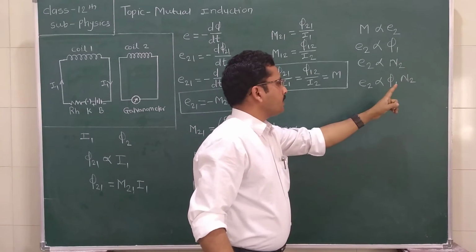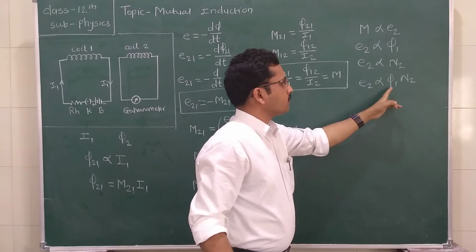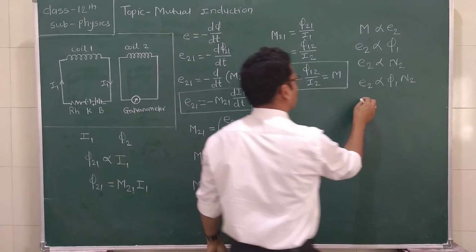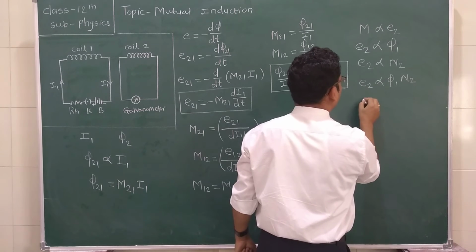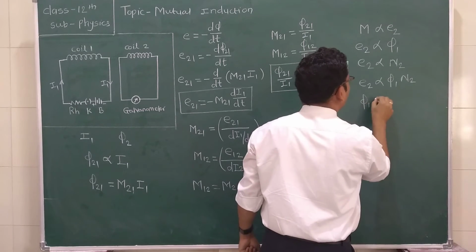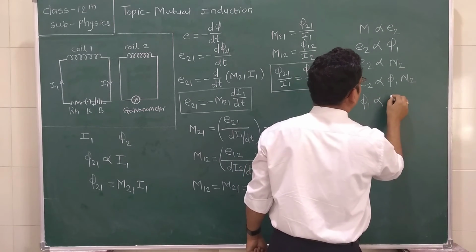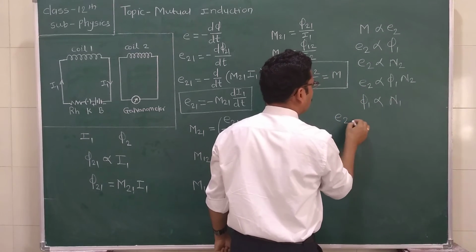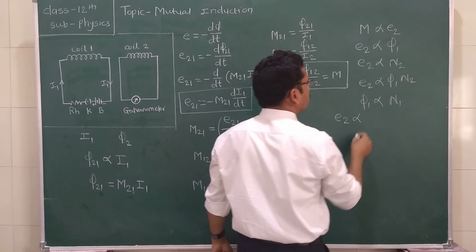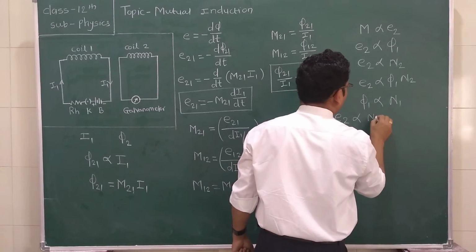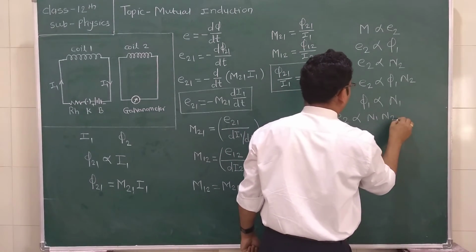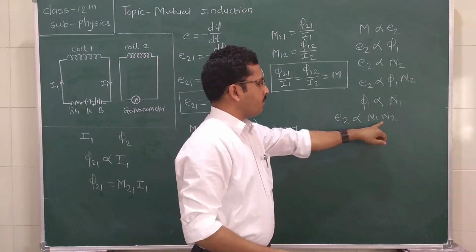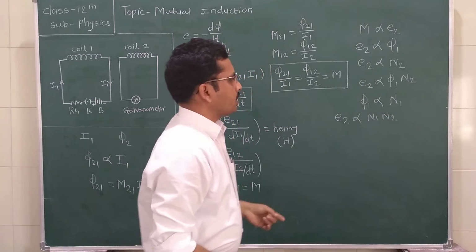This phi 1 is the magnetic flux associated with the first coil, which is proportional to the number of turns in the first coil. So we can write E2 is proportional to N1 multiplied by N2.